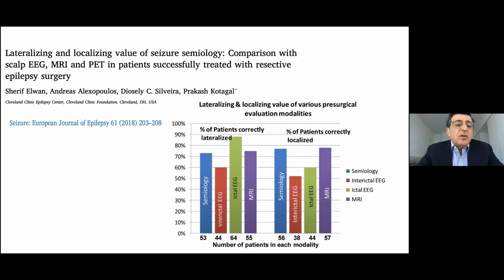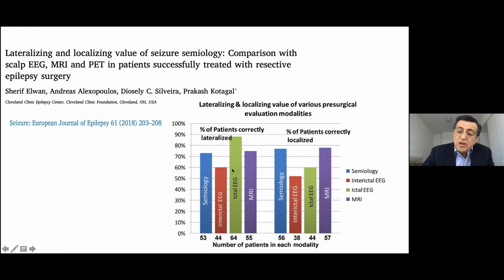So in selecting the patient, it is important to look at this paper from Prakash Kotagal, who is an outstanding epileptologist at the Cleveland Clinic, who looked at the value of seizure semiology in the lateralization and localization of epilepsy. And he compared it to scalp EEG, MRI, and PET. And surprisingly, as you can see from this slide, semiology correctly lateralized the patient almost as well as MRI.